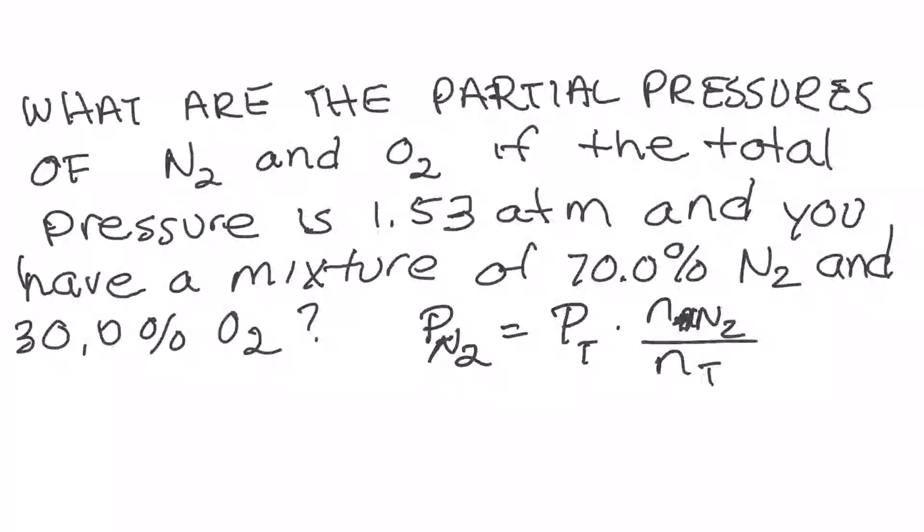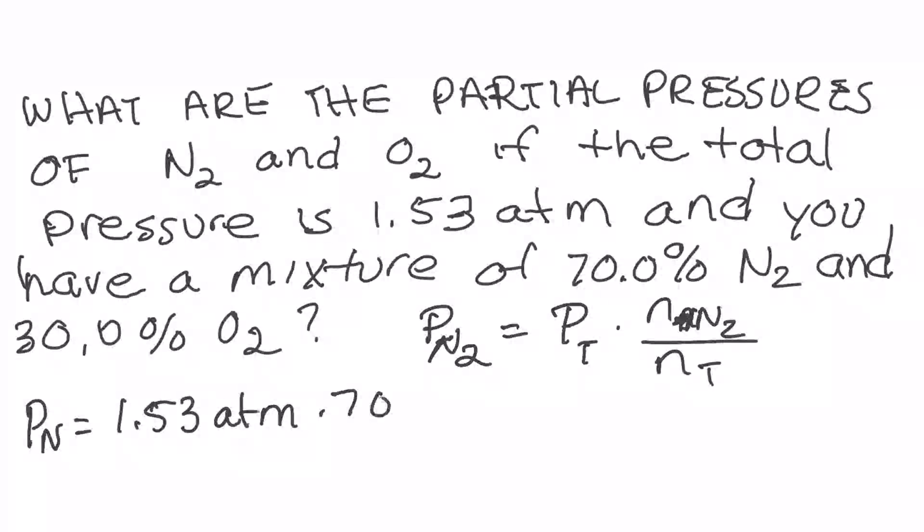So the pressure due to nitrogen equals the total pressure, which happens to be 1.53 atmospheres, times how many moles of nitrogen do I have compared to the total moles? Well, if it's 70%, and I'm talking about percent by particles, 70% means there are 70 particles for every 100 particles.